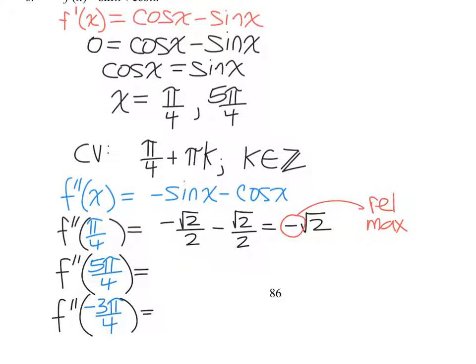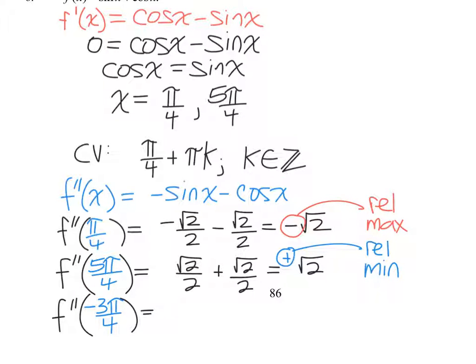If I put in 5 pi over 4, both sine and cosine are negative ordinarily, so they'll become positive root 2 over 2 in both cases, giving us just a root 2, but since it's positive, that indicates that it's going to be a relative min.